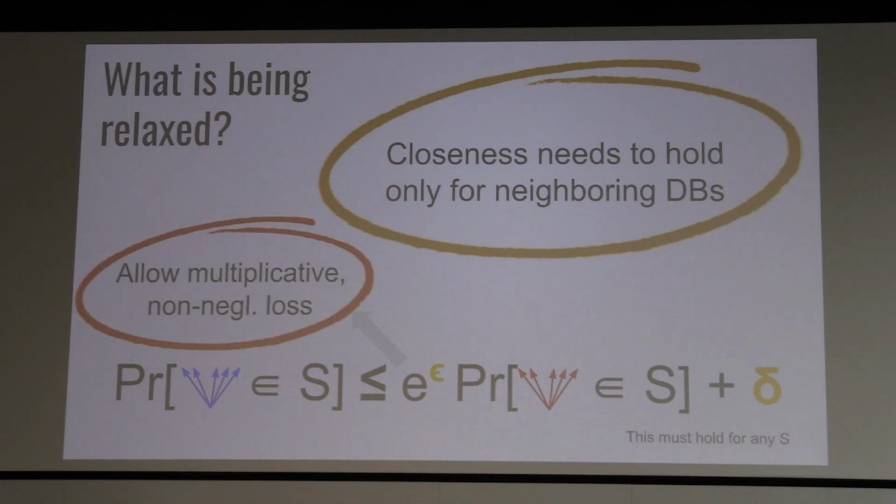The second relaxation is with respect to this e to the epsilon factor. Here we are allowing a multiplicative loss, which is non-negligible. Whereas, in classical statistical obliviousness, we do not allow this e to the epsilon factor, but we allow delta to be some kind of negligible function. Any questions? Yeah, I have a question.